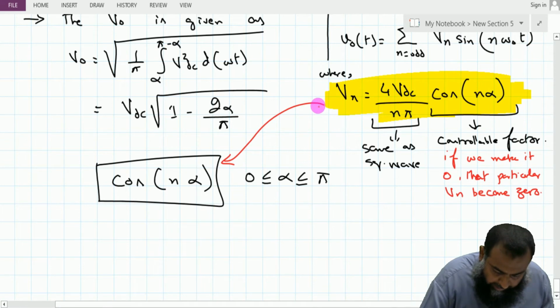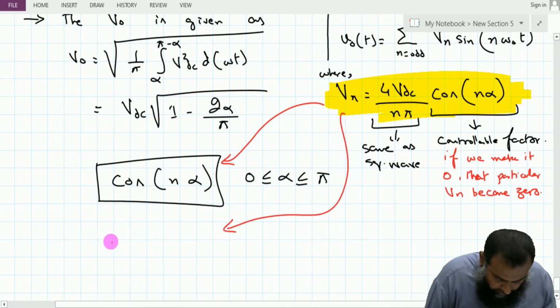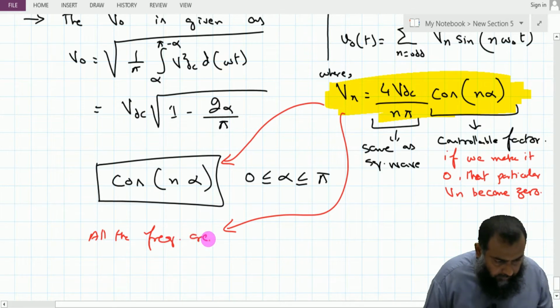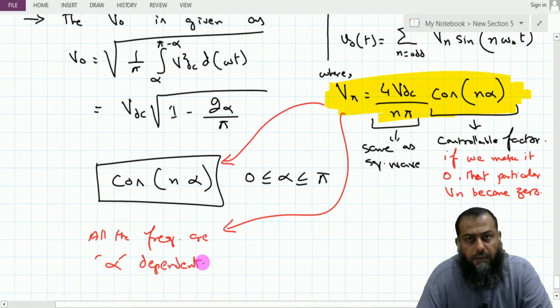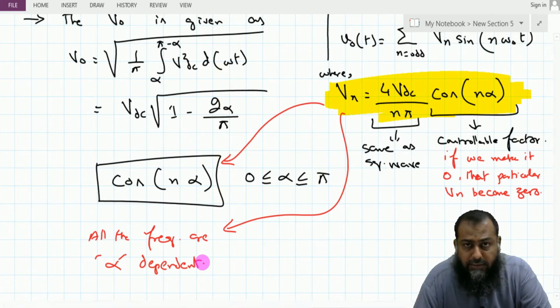The second important point is that all the frequencies are alpha dependent. So it will impact the amplitude of all the other harmonics as well as the fundamental component present in the system.